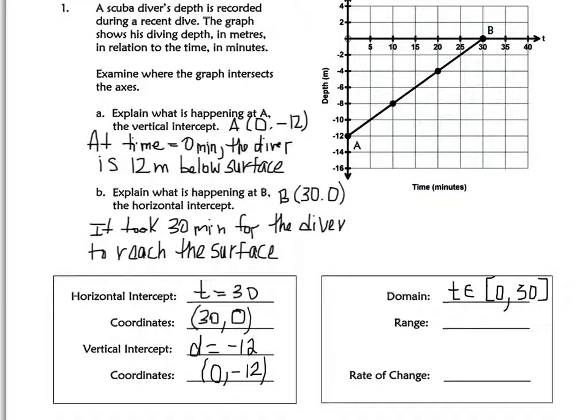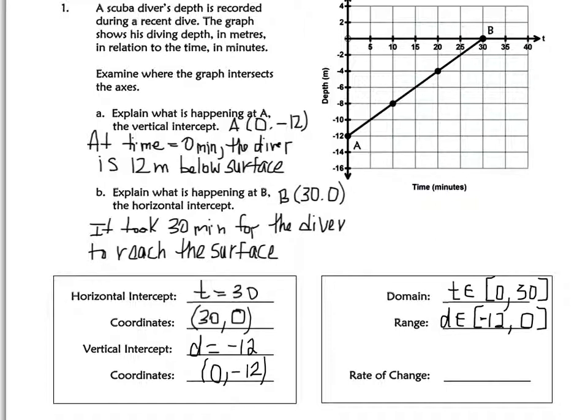And the range would be the depth, using interval notation, from the lowest depth of -12, and that's included as a start point. And the highest depth would be 0, where you're back to the surface, and that's reached as well.